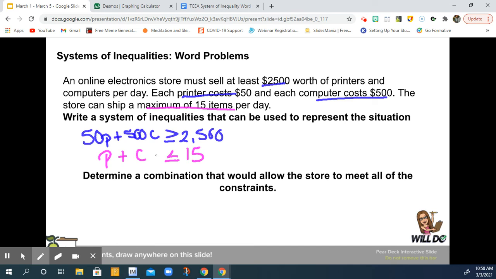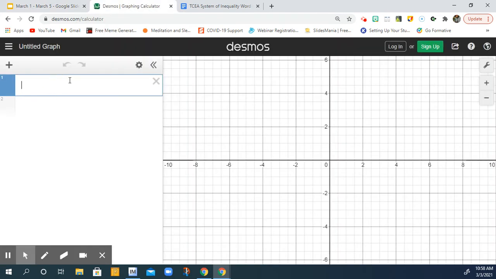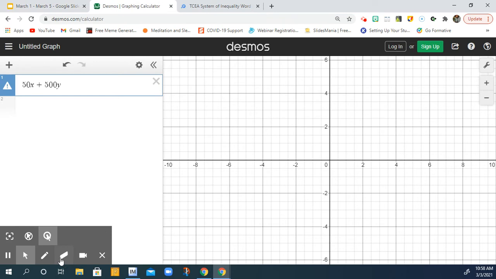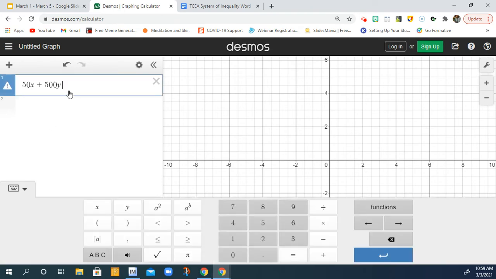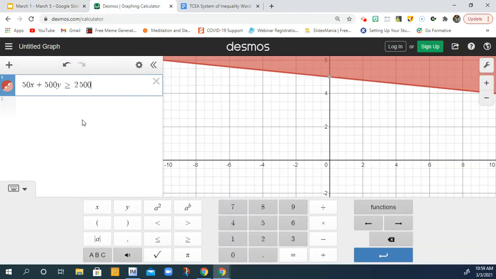Okay, so now I'm going to go into Desmos.com and I'm going to enter this information. So let's do 50. I'm going to have to change it to X and Y. 50x plus 500y, greater than or equal to 2,500.